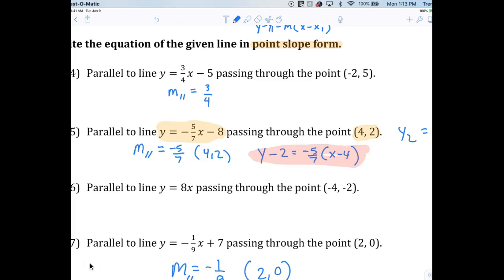Now this symbol right here is the symbol for parallel. So the slope of the parallel line is 3/4. What point does it go through? -2, 5.